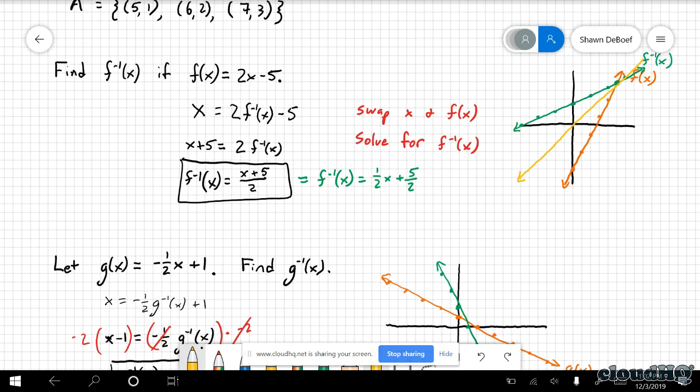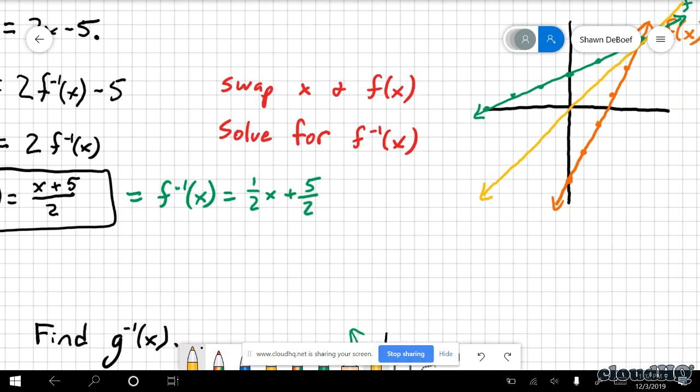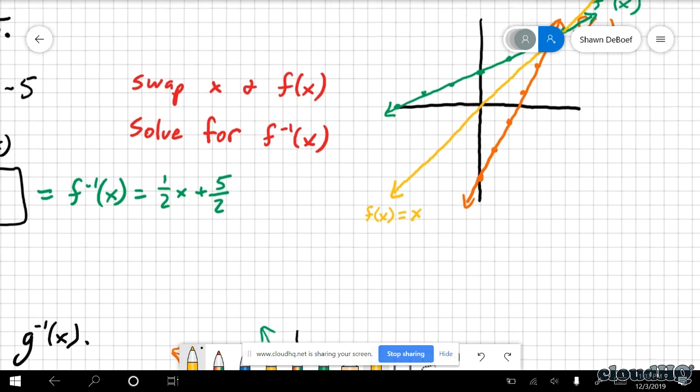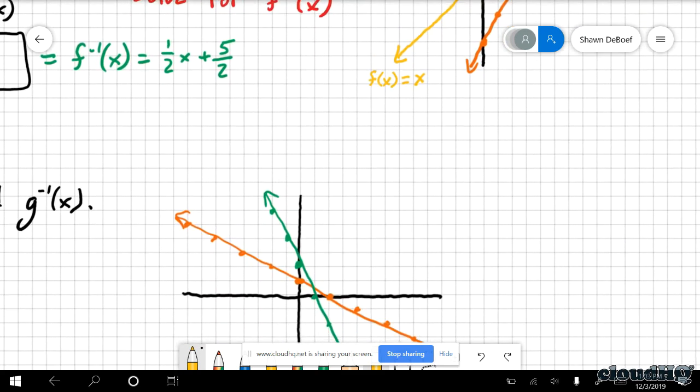Take a look at that yellow line there. If I reflected f of x, the orange line, if I reflected it across that line, we would get the green line. If we reflected across that line, what is the equation of that line right there? F of x equals x. Sometimes known as y equals x if we're talking about y instead of f of x.